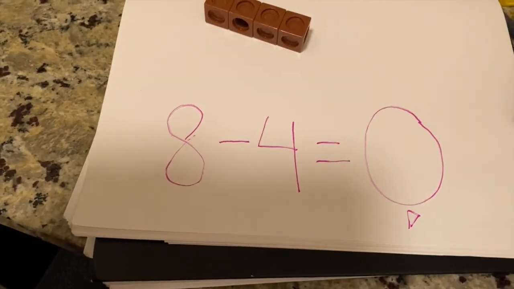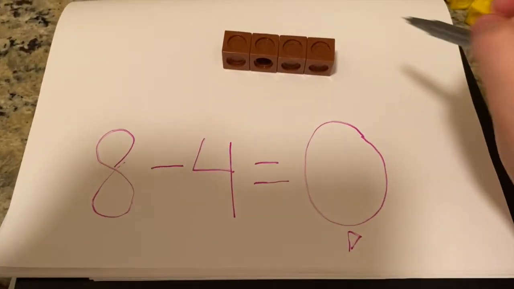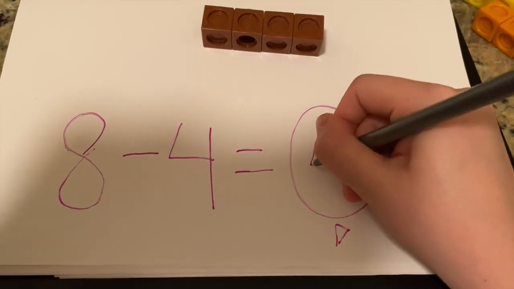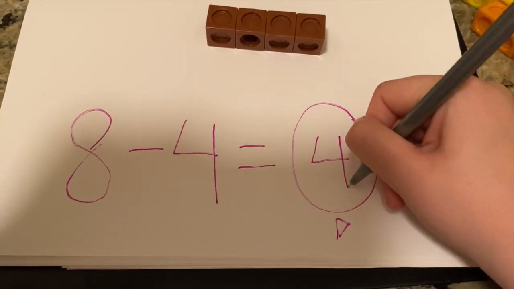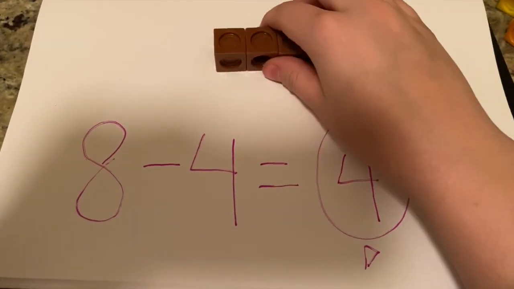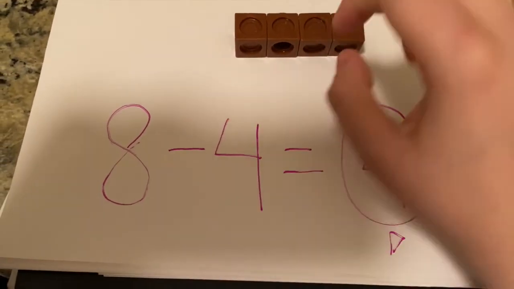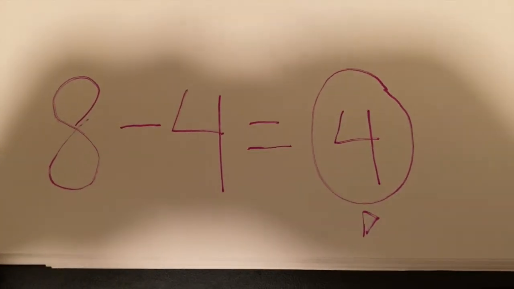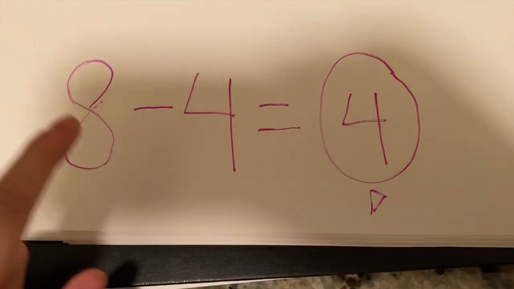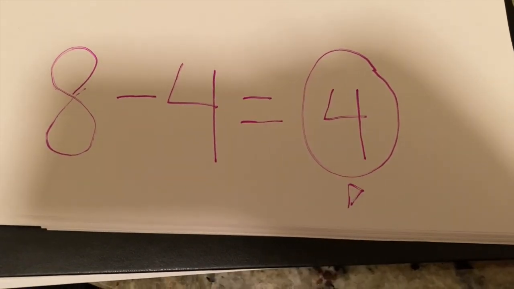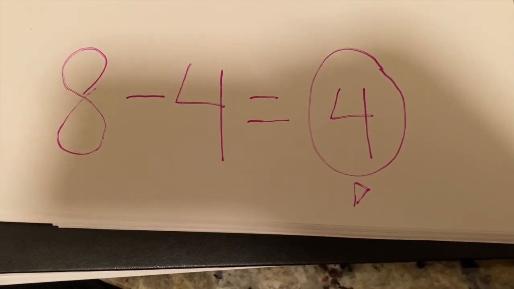If we take away the redhead siblings, how many brunettes are left? 4, friends. Good job. So we know not only that there are 4 brunette siblings, we also just solved our number sentence. 8 minus 4 is equal to 4. Good job, Keeble Cubs.